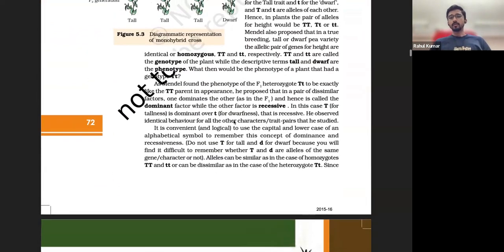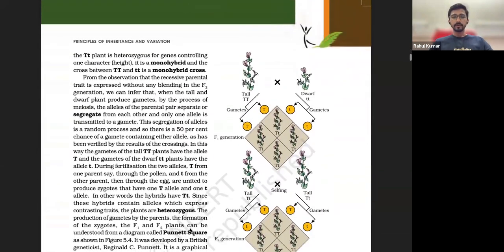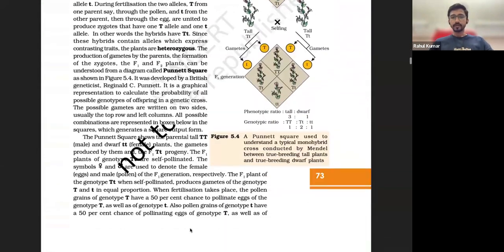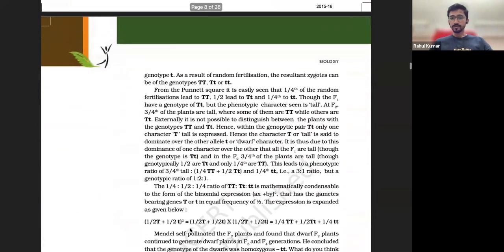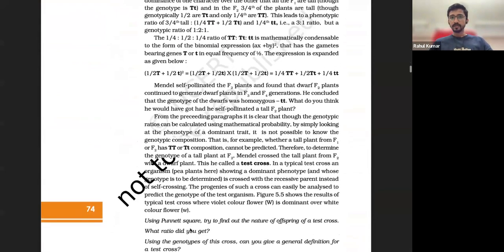Also, the concept of dominant and recessive is clear, because what I'm going to teach you today is associated with this: the concept of heterozygosity and homozygosity. So monohybrid, Punnett square, everything is clear. I'm also just going through the book and seeing what they ask you to read.